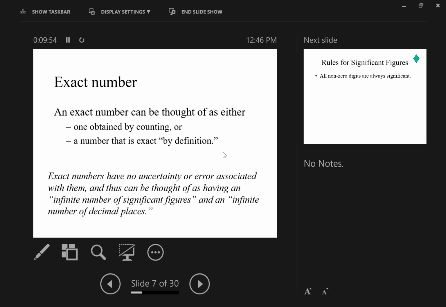We'll talk about why these are called trailing zeros after the decimal. Trailing zeros after the decimal are all going to be significant. So it's an infinite number of significant figures. We'll talk about how that plays into dealing with an exact number in your calculations. How does that make you round your number?